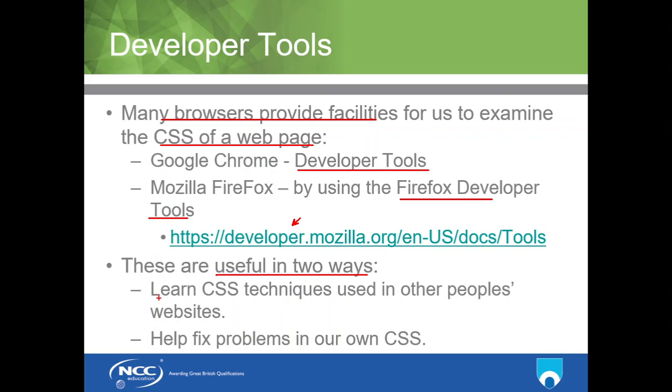They're important to you as a web designer because you can be able to learn CSS techniques that have been used in other people's websites. They can also help you to fix problems in your own CSS because you can be able to change CSS on that particular page temporarily and be able to run it to see whether it's giving you what you want to view. So that is what we call the developer tools.